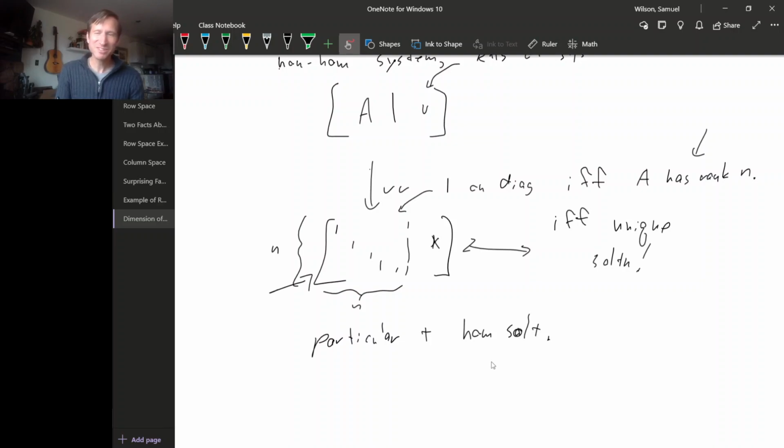But if our matrix is rank n, then this homogeneous solution has to be 0, and so you can have at most one solution, right? Maybe the surprising thing about this situation is that not only can you have at most one solution if the rank of this square matrix is n, you actually always have a solution. So we're getting a little more for free with this.